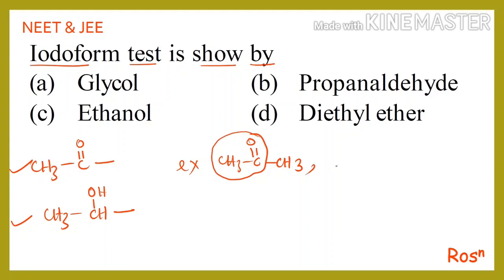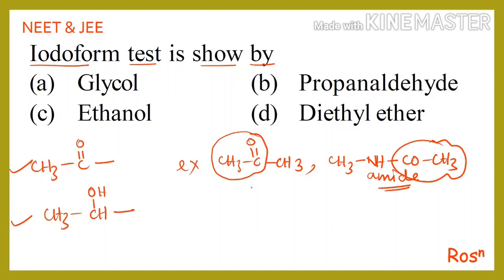Here is an exception, which is CH3NHCOCH3. Though it contains CH3CO group, it does not give iodoform reaction because it is an amide. Amide does not give iodoform reaction.